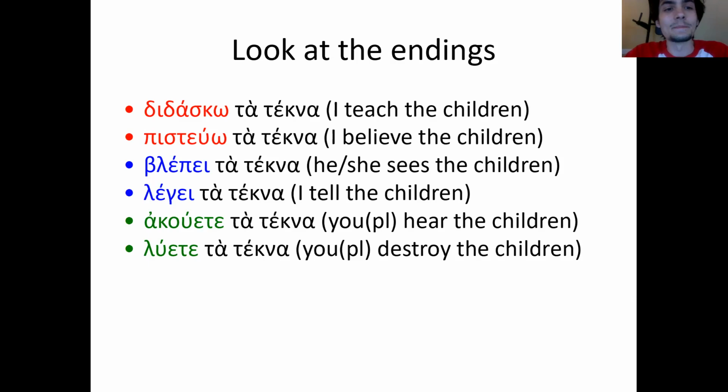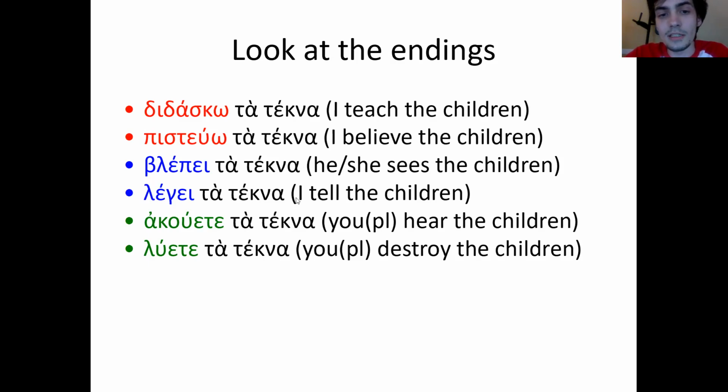We see here that in different wordings, these are all regular verbs, but each of them has different endings. When the omega is present, we see that the subject is I. When epsilon iota is present, we see that the subject is he or she.